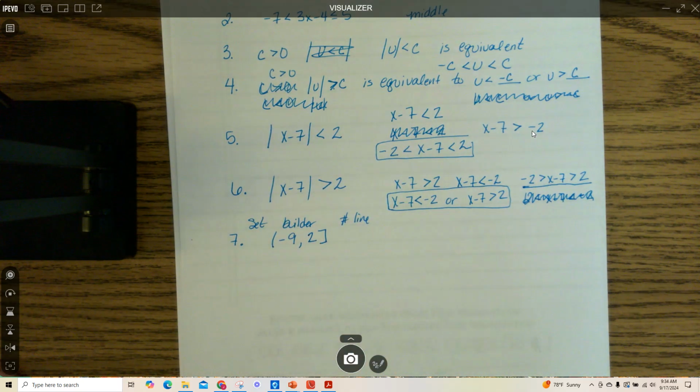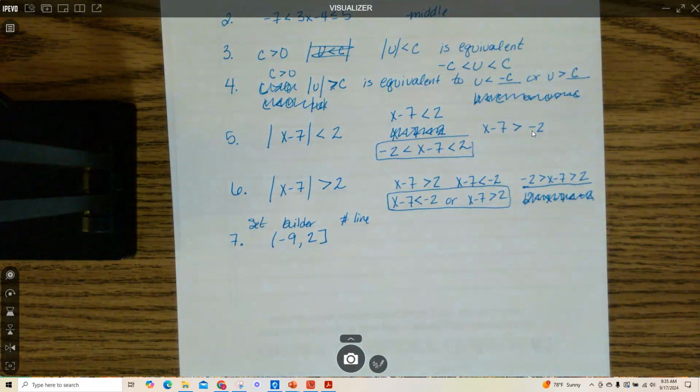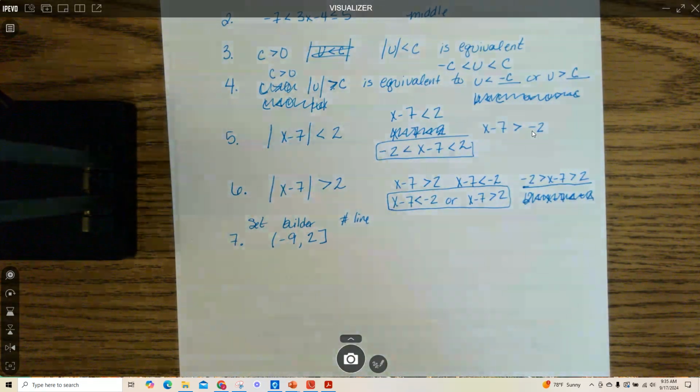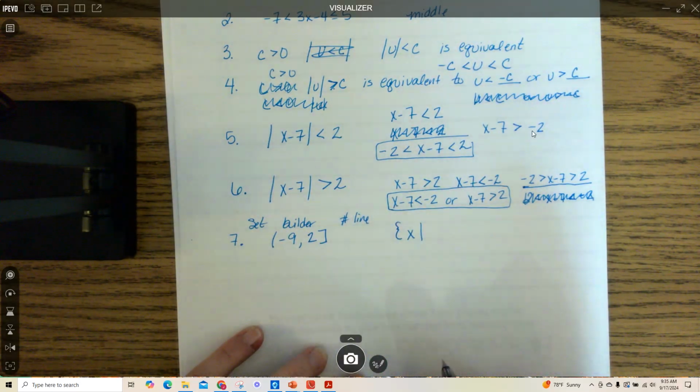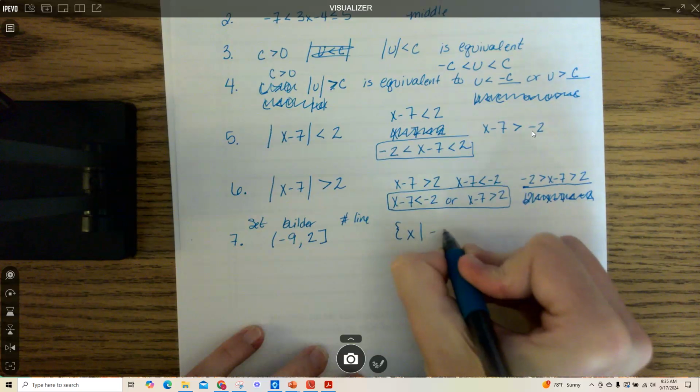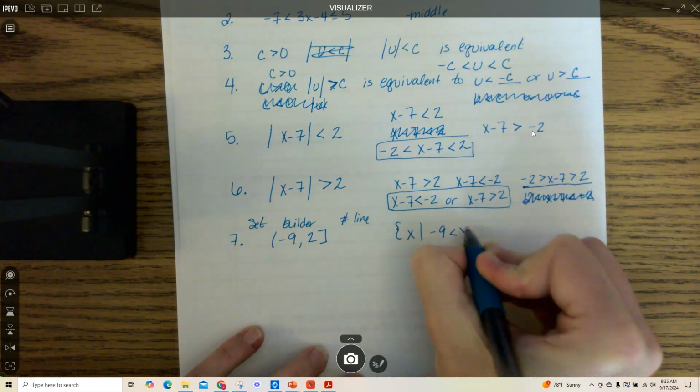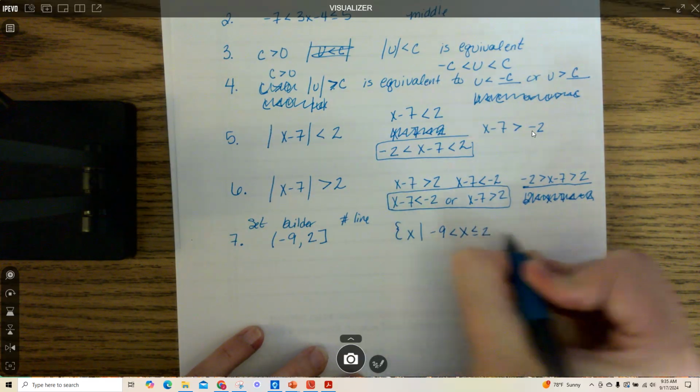I don't know what they're considering set builder. Set builder is x is a member of the set where negative 9 is less than x is less than or equal to 2.